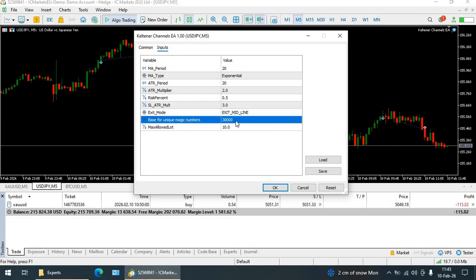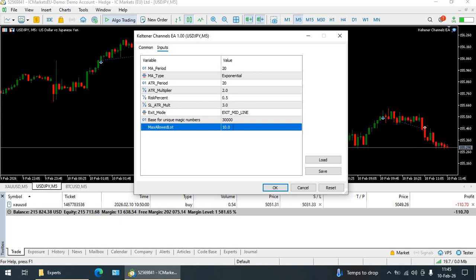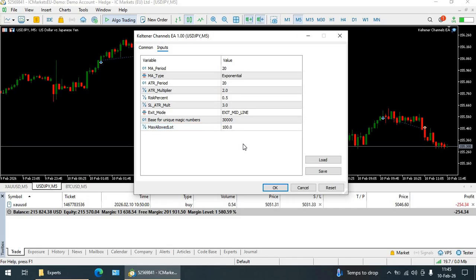It must be noted that the expert advisor uses magic numbers for every trade, and you can set here any maximum allowed number of lots per trade. I set it by default to 5, but you can put 100 if you want.